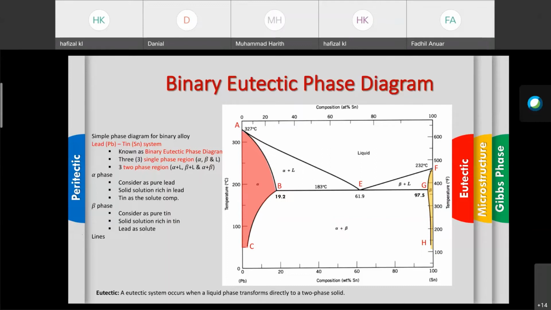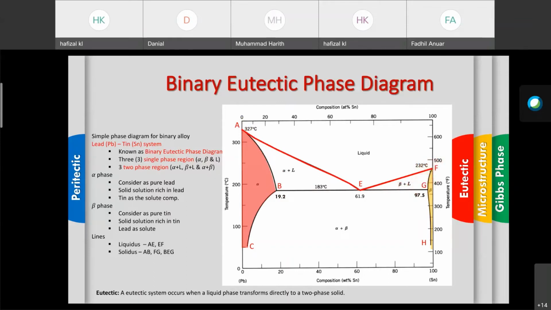This is the information we can gather for the lines AE and EF. These lines are the liquidus lines, and for the solidus line, the line is AB here, FG, like this line.